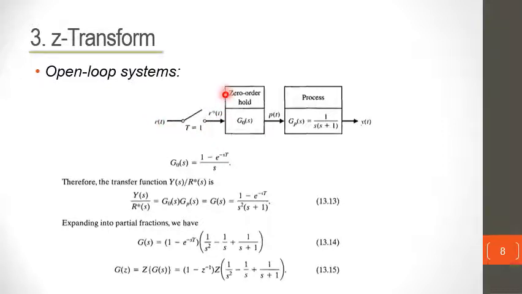This R star of t is then held, or sampled and held, to produce P of t. So P of t is an approximation of this R of t going into the process.